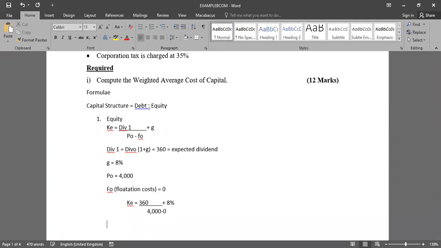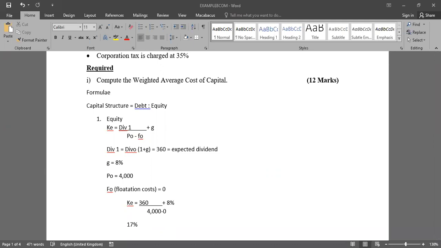So how we compute is you first deal with the division, then after you add the G%. So therefore we have 360 divided by 4,000. Then you add 8%. So this one is 17%. Any questions so far?